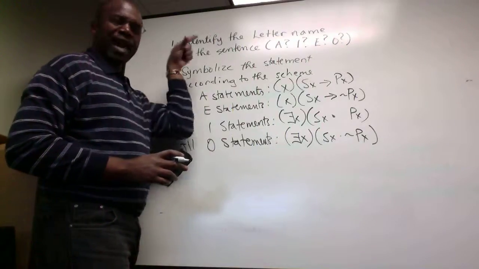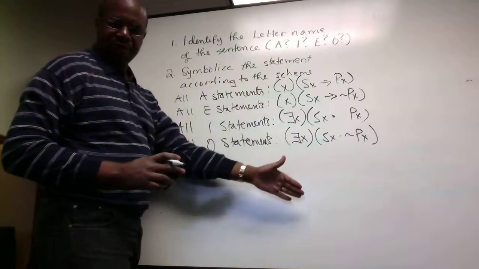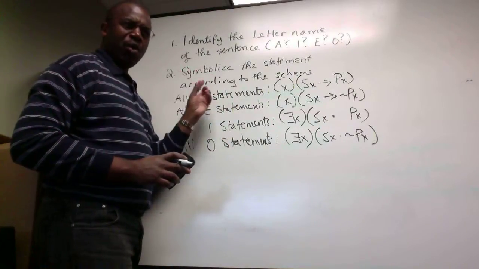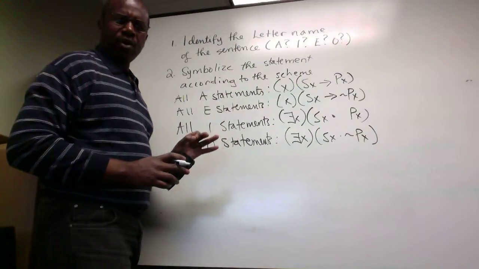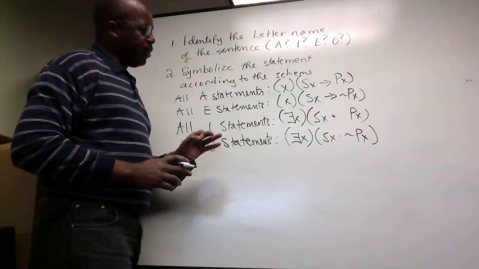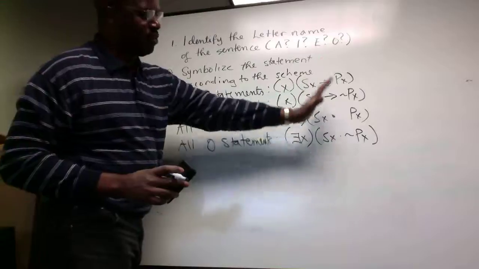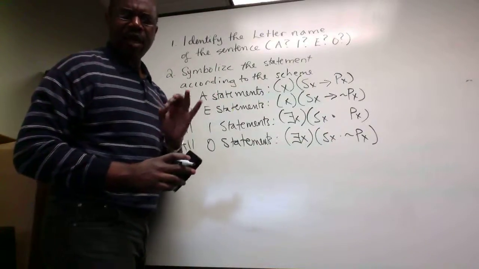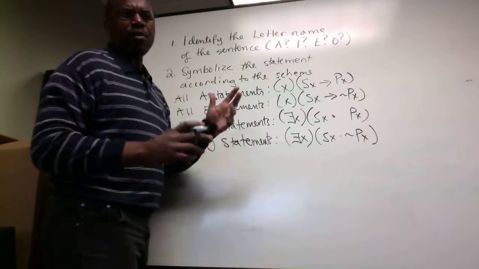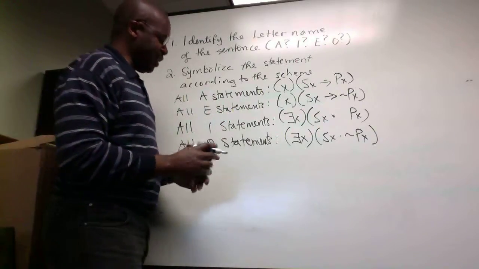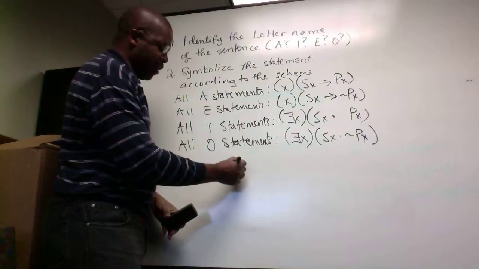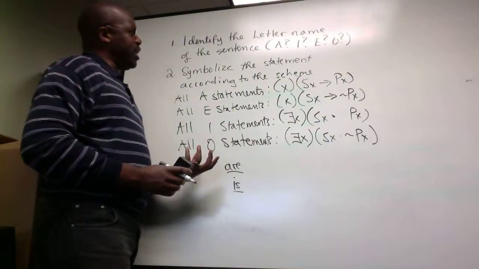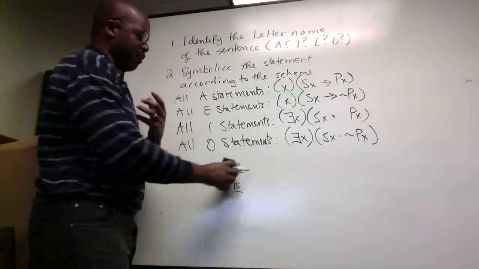If you master that, you should have no problem with this. Both of you were very good at identifying those categorical statements. Once you have this in place, most of those statements in predicate logic are translatable, except statements that have an is copula instead of the are copula. Then you will need to put it in standard form.